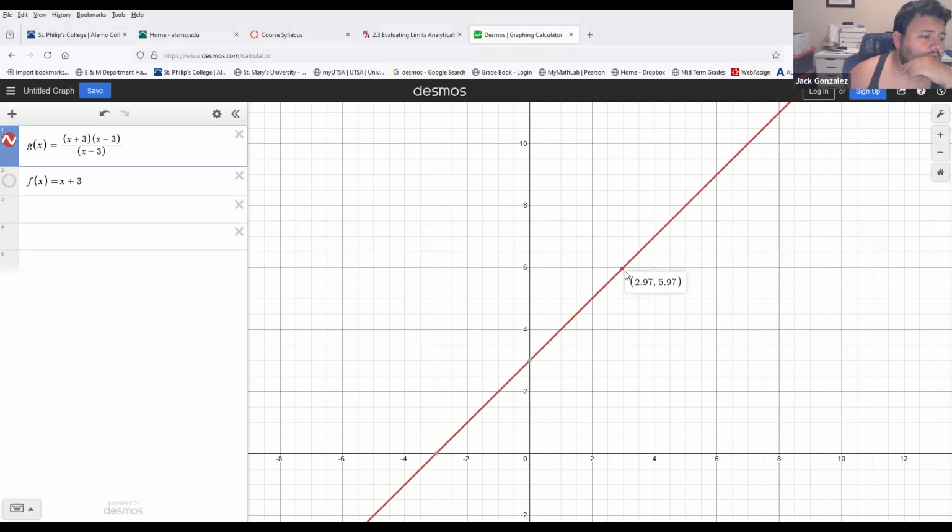Hence the whole idea of one of them having an undefined point and one doesn't. Remember how you would find the domain of f versus f of g, and you'd have a different domain where some stuff was defined and then later it's not. That's basically what this is coming from. So they're not necessarily equal, but they kind of are. It's kind of weird. I need to find a better term.